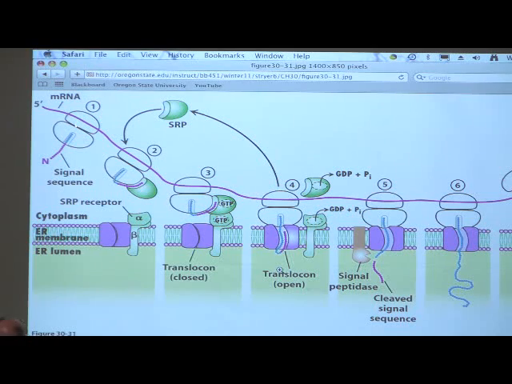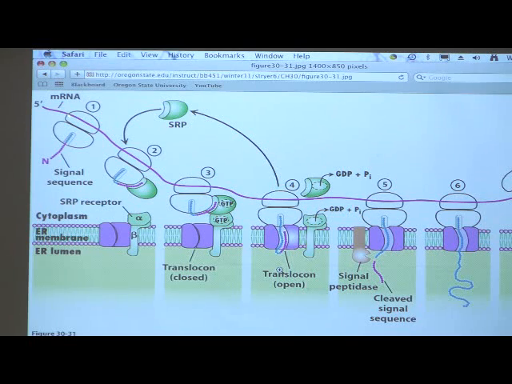So we started making a polypeptide chain in the cytoplasm, and that amino terminus came out, and something recognizes it. We're going to see that something is called the SRP, the signal recognition particle. Something recognizes this and says, oh, look at that basic amino acid followed by that nonpolar stretch. This guy needs to go to the endoplasmic reticulum. So this signal recognition particle binds to it. You'll see it's bound to it here and it's grabbed it.